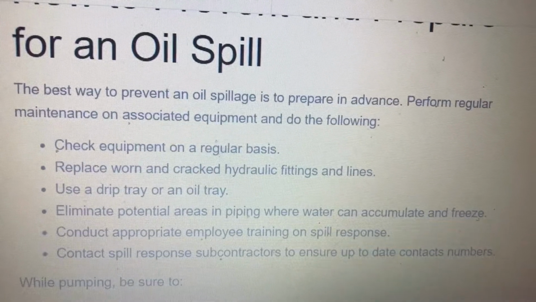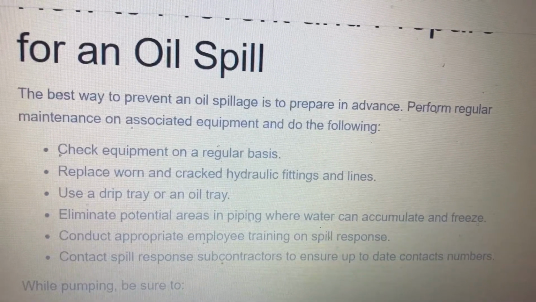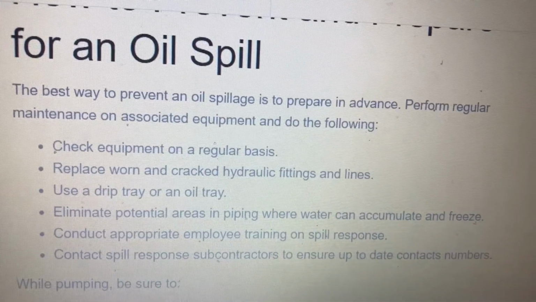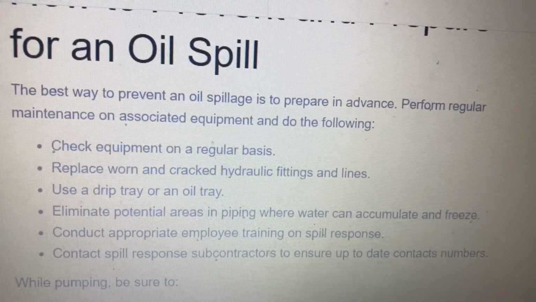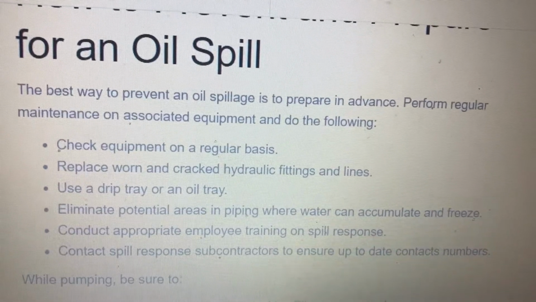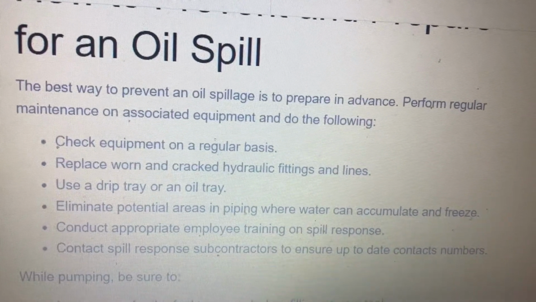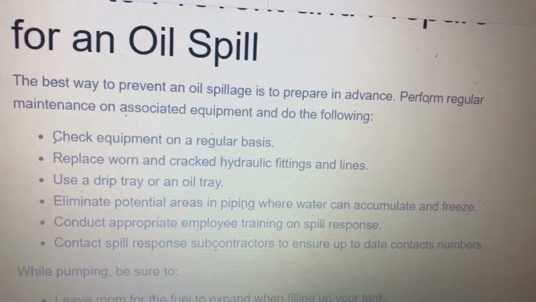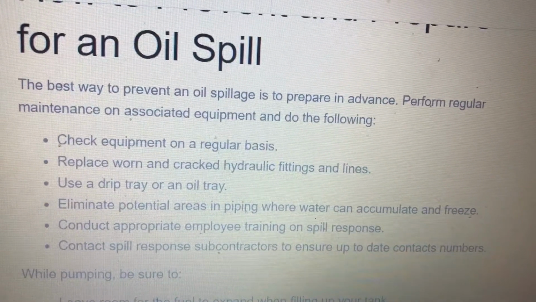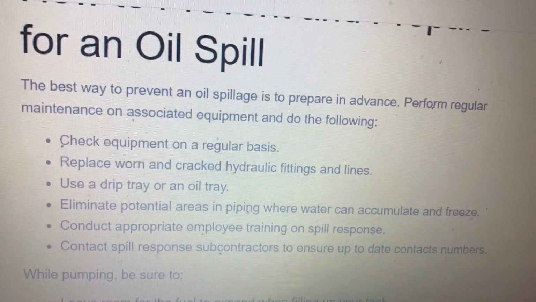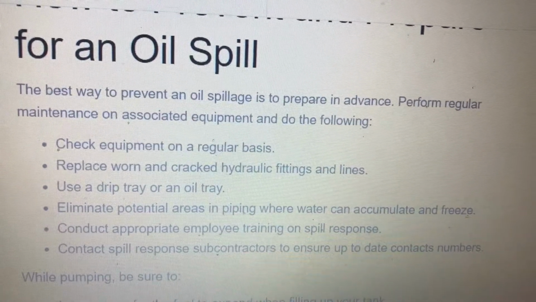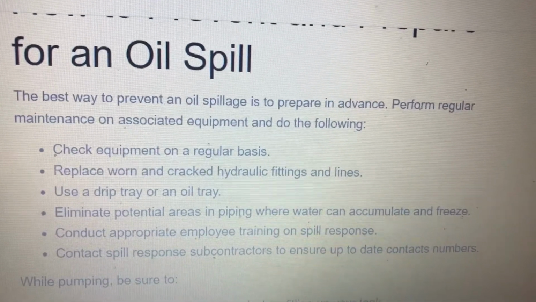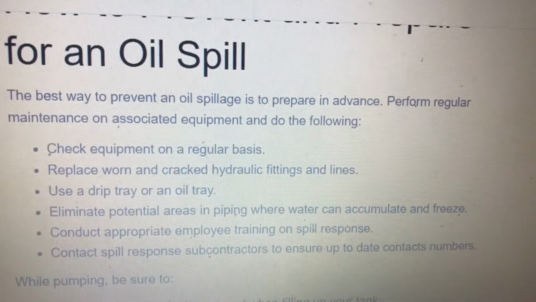Check equipment on a regular basis, replace worn and cracked hydraulic fittings, eliminate potential areas of piping where water can accumulate, conduct appropriate employee training. These are all things that workers and companies can do to prevent oil spills.